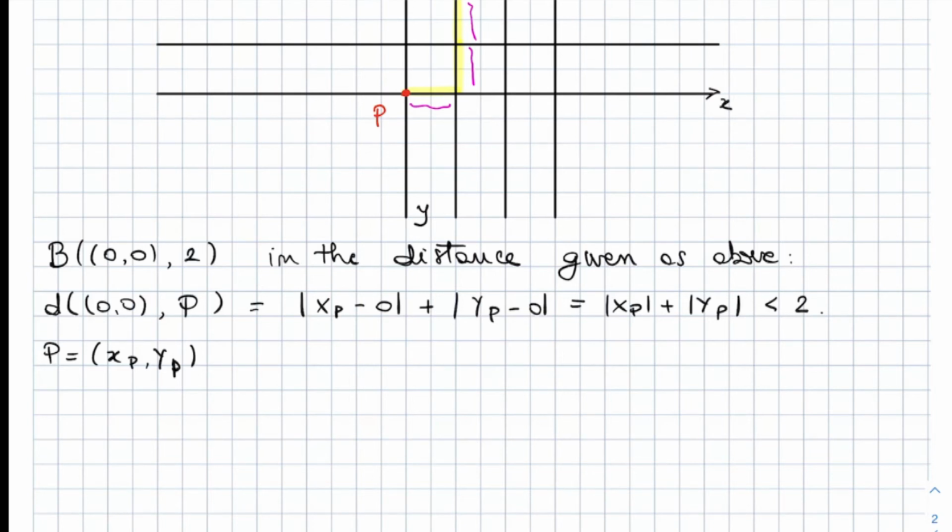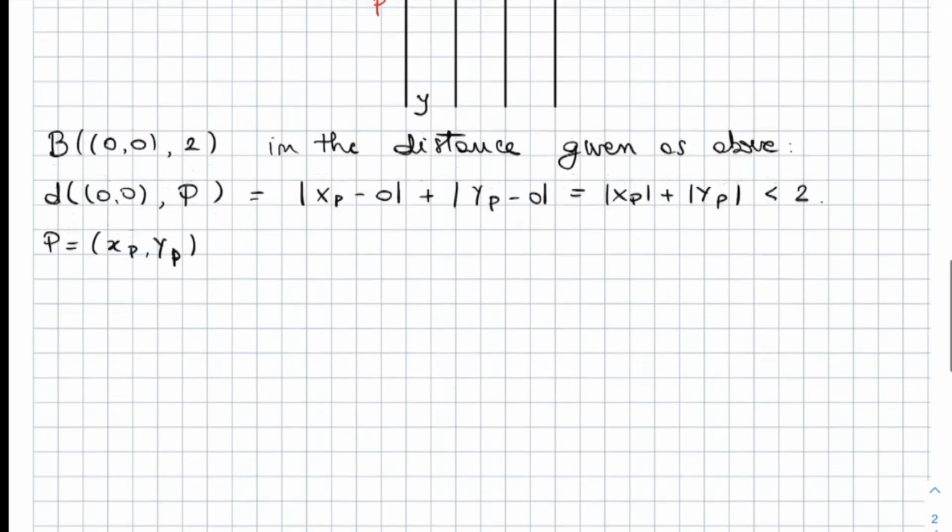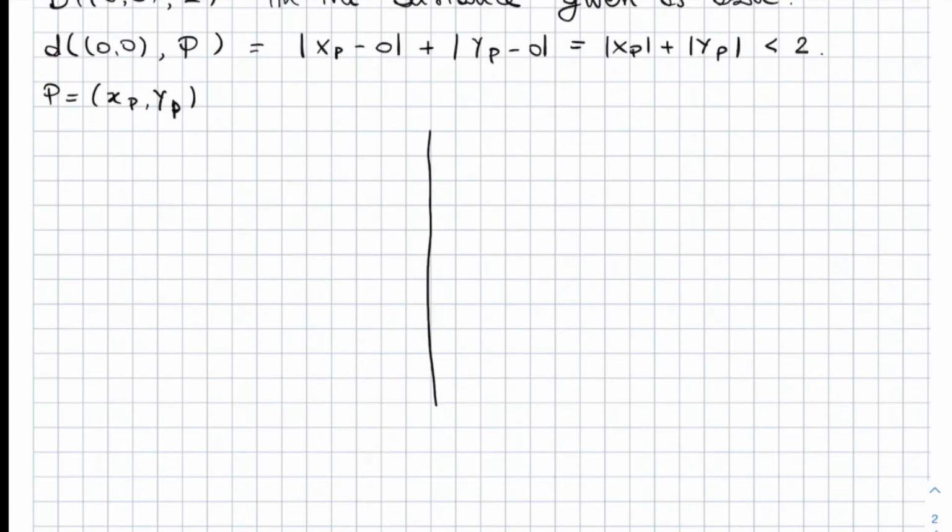We have to find all the points that satisfy this inequality. Well, this inequality has different meanings depending on where we are in the plane. So let's write down the various meanings of this inequality with respect to the positivity and negativity of the two coordinates.